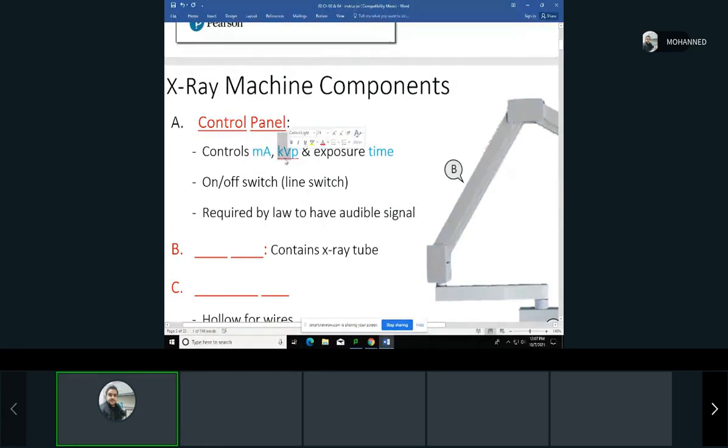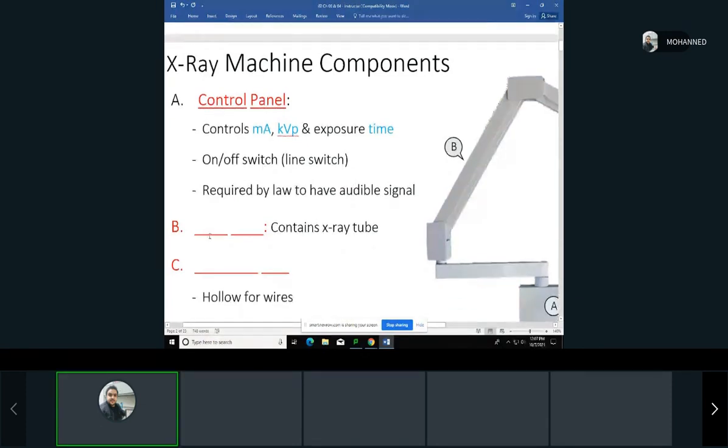KV is kilovoltage, and P is the peak, so kilovoltage peak. Exposure time is in milliseconds. It has the on and off switch, and it is required by law to give a signal sound when you press the button. So when you press the X-ray, you hear that beep sound.